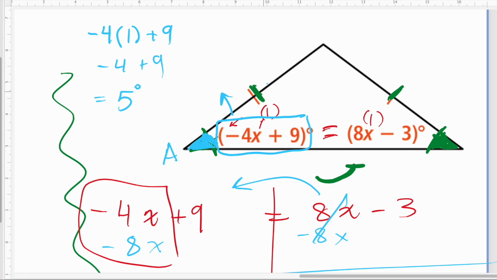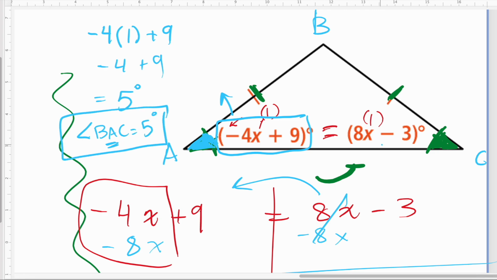Let's call it A, B, C. Angle BAC, which is at A, equals 5 degrees. I found the first angle. The second angle is supposed to also be 5 degrees. Let's see if that's true. So we're going to do the same thing. This is the value of this angle.